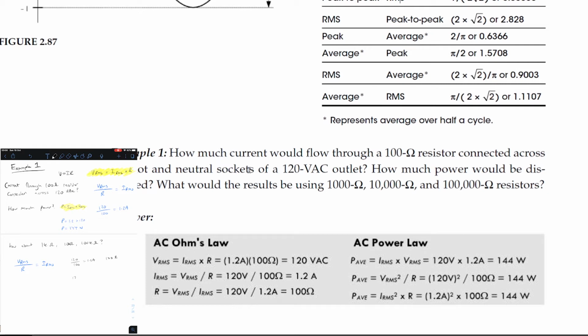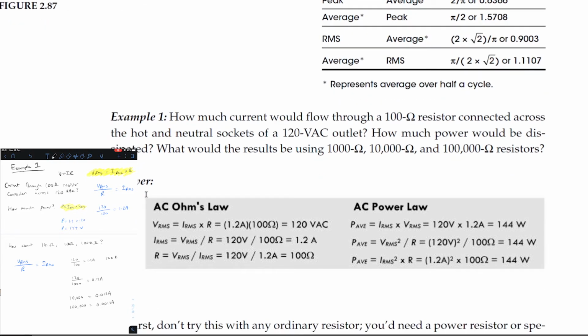So 1,000 ohms is just 120 divided by 1,000, which is 0.12 amps. And then 10,000 is 0.012 amps, and 100,000 is 0.0012 amps.